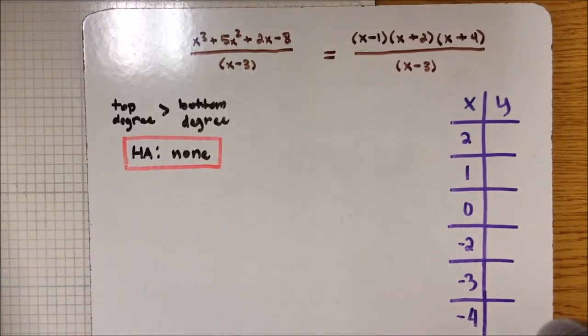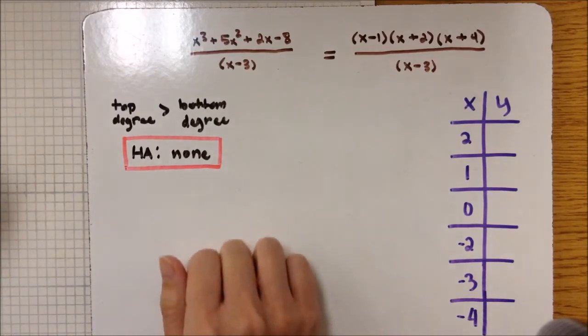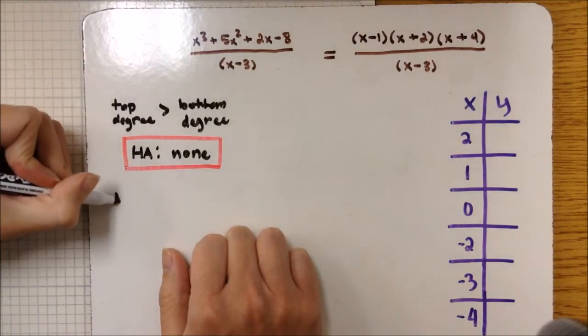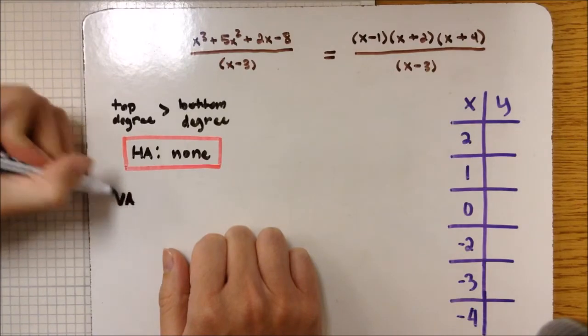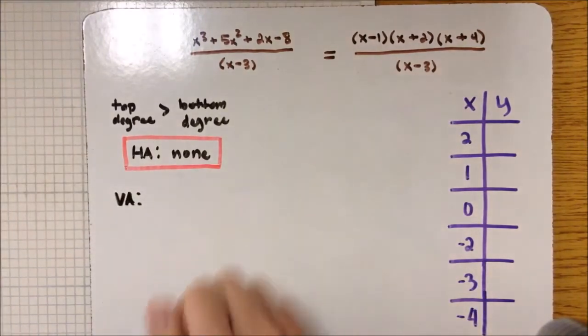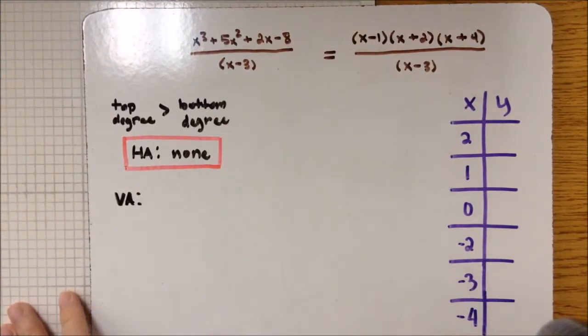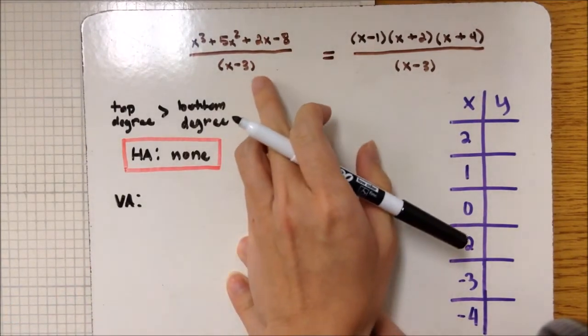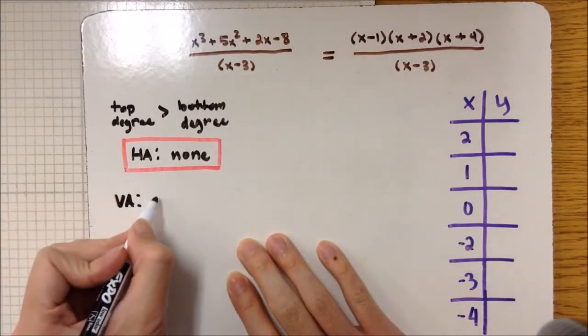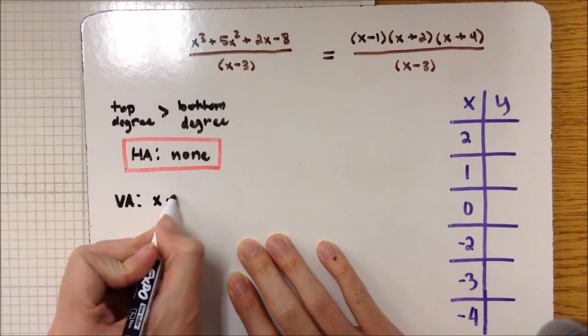Now, let's do the vertical asymptote. Just like how we did in class, all you're doing is setting the factors from your denominator equal to 0. So we have just one factor, x minus 3.